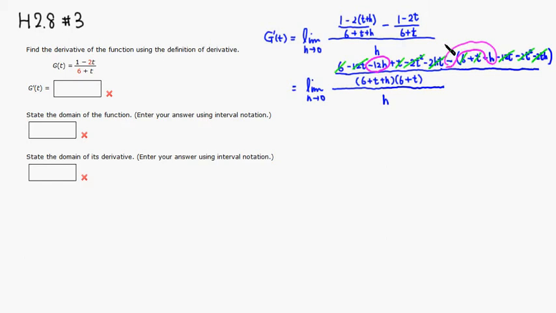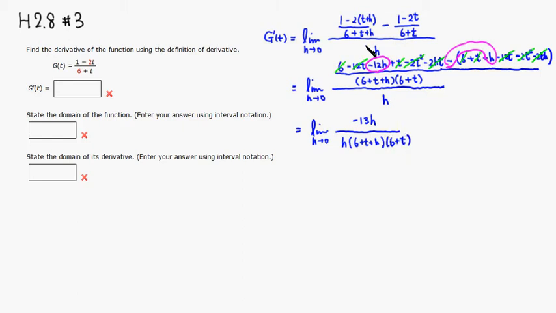Which means you're going to have the limit as h approaches 0 of negative 12h minus h, so negative 13h. Dividing by h means multiplying the denominator by h, so I'm going to multiply the denominator by h.